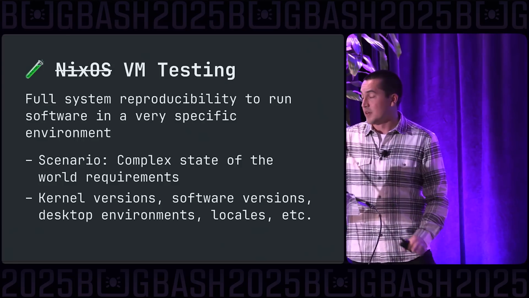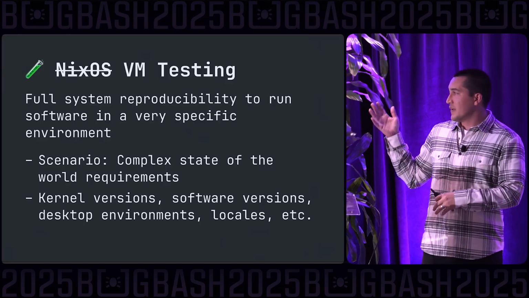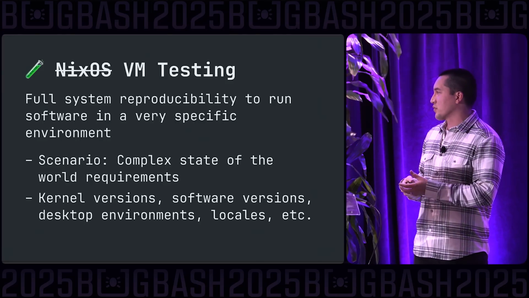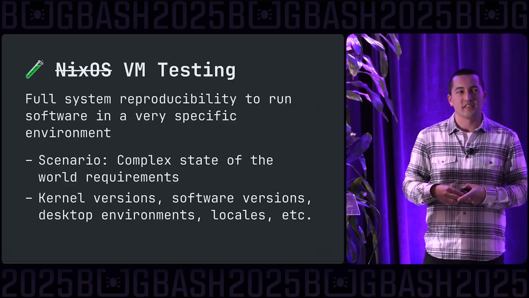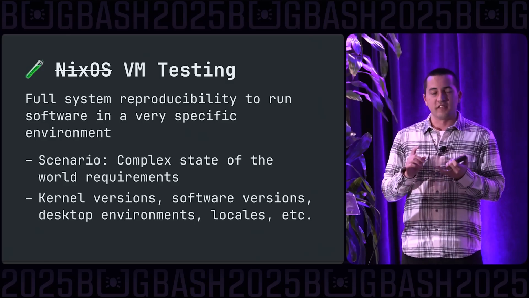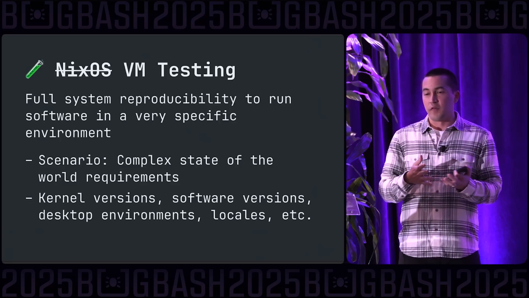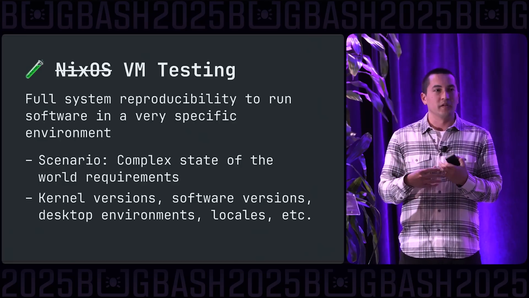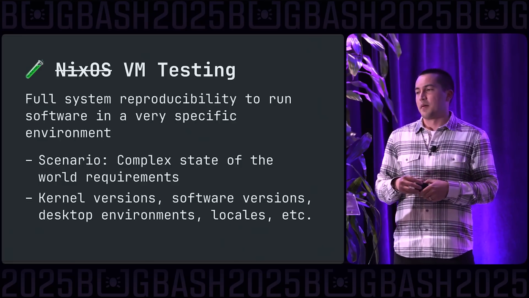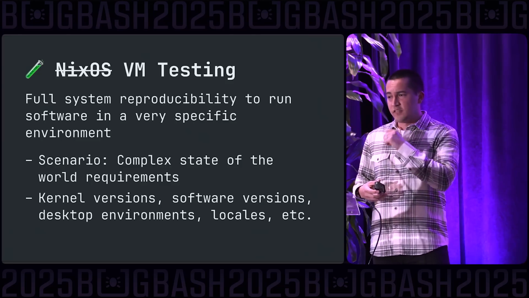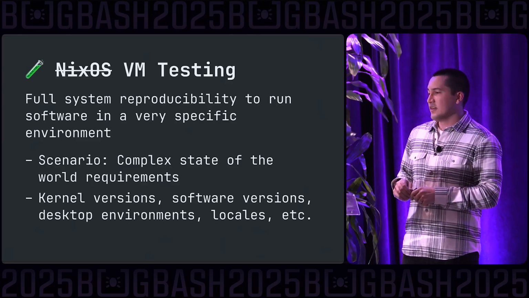But in this case, I'll just keep using the word VM. VM testing lets you model really complex, pretty much arbitrarily complex states of the world. Specific kernel software versions, specifically the interplay between those. For me, on the desktop side, it lets me simulate different locales, different keyboard layouts, things like that. And you sometimes just need them.